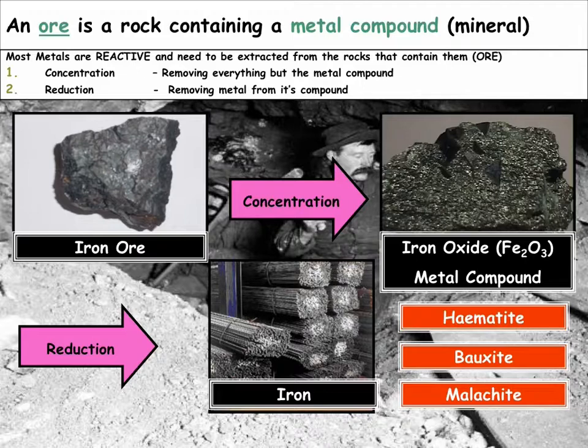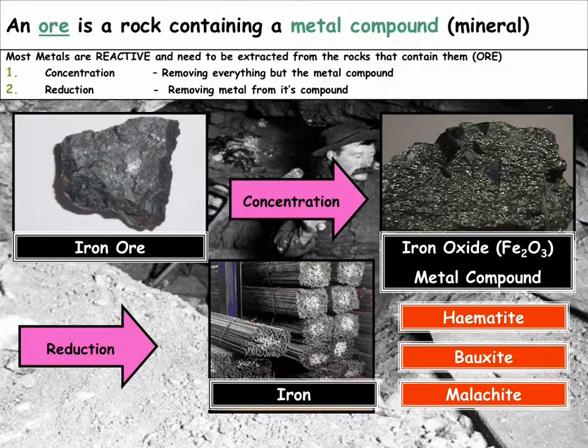Most metals aren't found as pure metals in the Earth's crust. Most are found as ores. An ore is a rock containing a metal compound, often known as a mineral. Most metals are quite reactive. Therefore, they will react with oxygen to form oxides. For example, iron ore, which contains iron oxide.